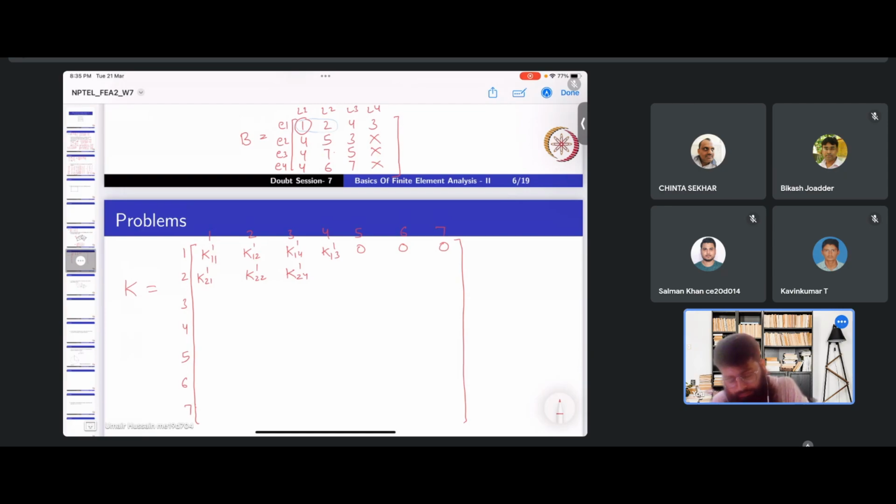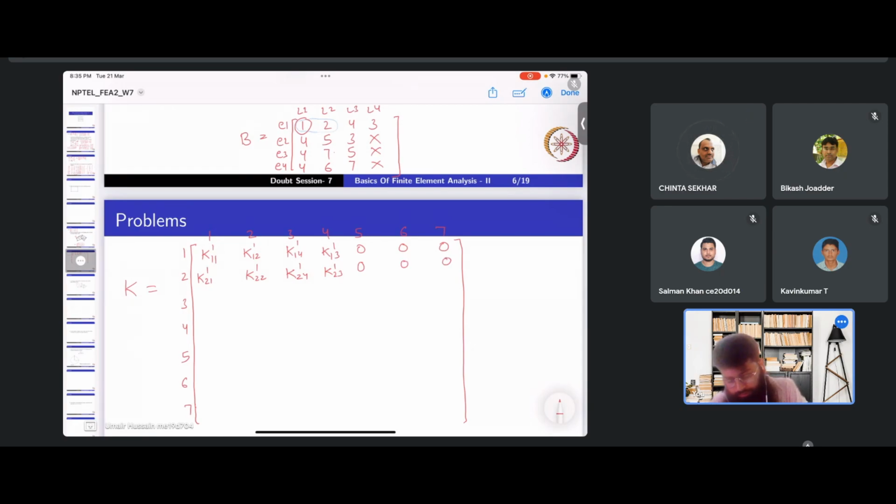Then 2 4 is also part of the same element 1, so 2 is local node 2 and 4 is local node 3. And 2 5, are they together anywhere? I think not. No 2 6 and no 2 7.